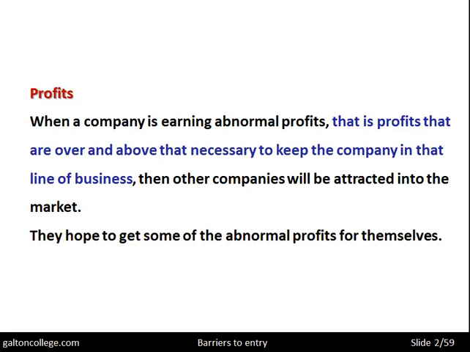So it's profit that is the incentive, according to this view, to set up in business. And the companies in production will want to preserve their profitability by placing barriers to entry against potential entrants.